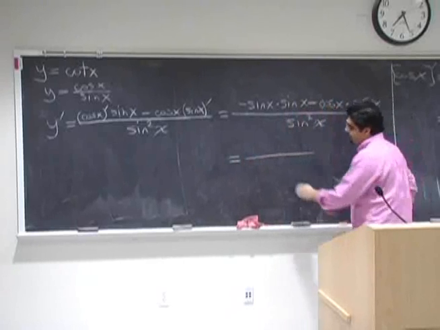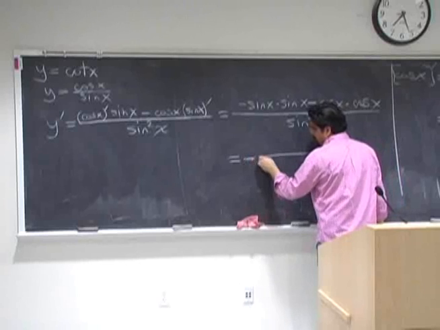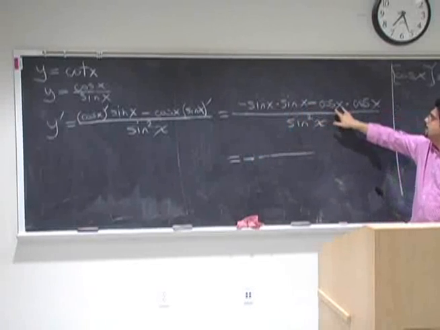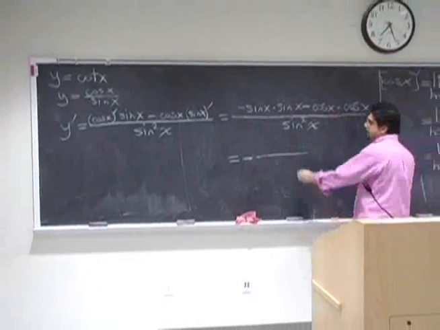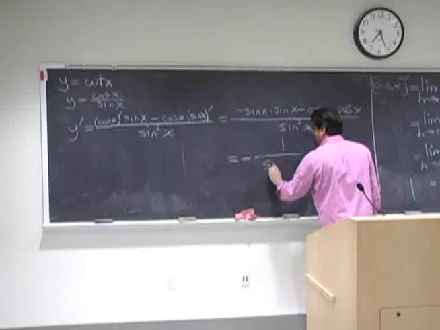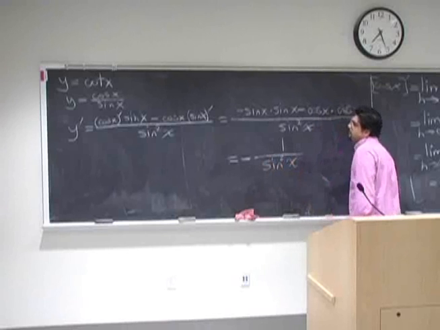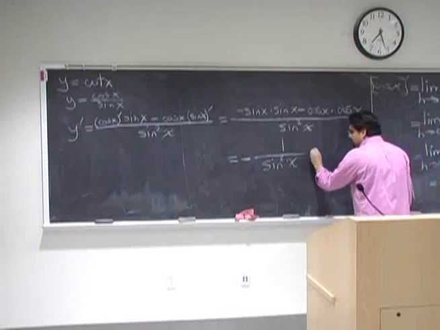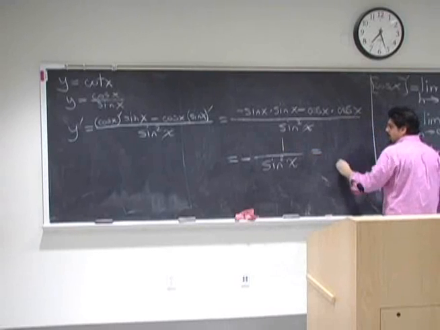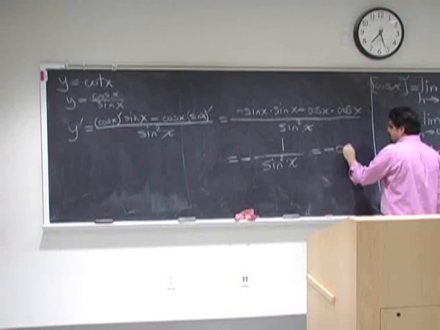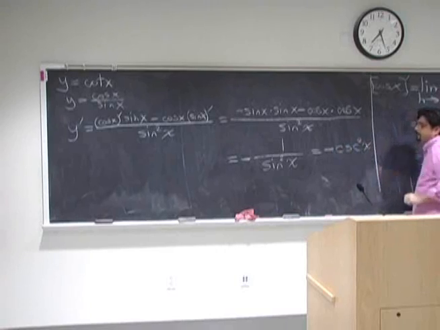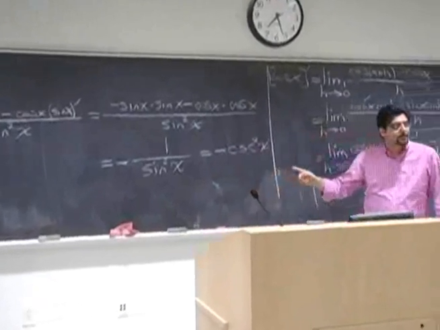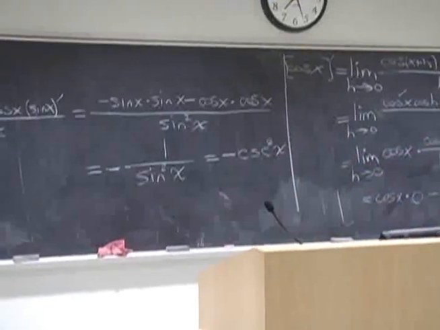They're both negative, so I'm just going to put a negative out here. And what do we get? We get sine squared x plus cosine squared x, which is 1. So the derivative of cotangent is negative 1 over sine squared. There's a special way to write this. Cosecant squared x. Okay. Cosecant is the reciprocal of sine. You remember? Okay.